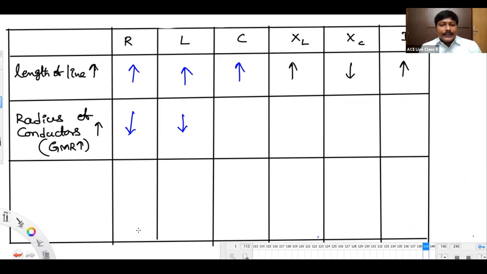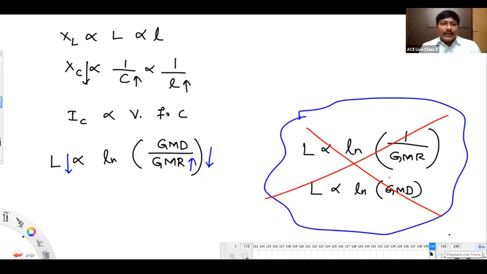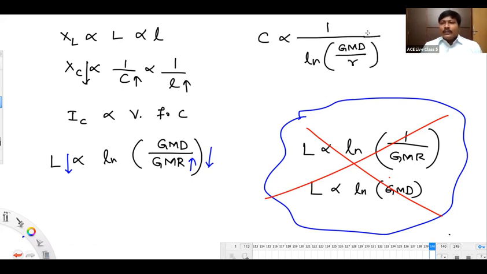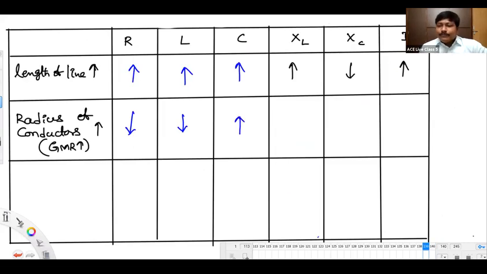Similarly, if you talk about the capacitance, C is proportional to 1 by natural logarithm of GMD by radius. If radius is increasing, GMD by r will decrease, so capacitance value will increase.